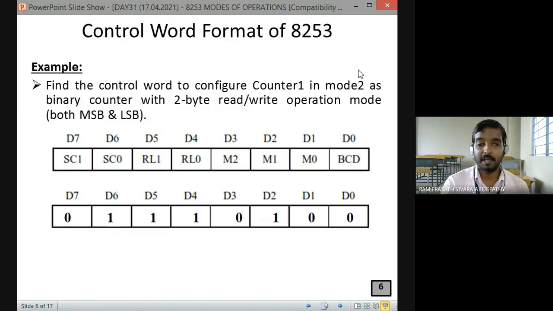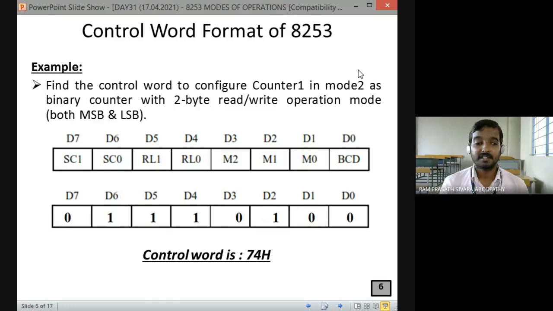Here we have the binary pattern. What will the value be in hexadecimal? Yes, 74H. Very good, the control word is 74H. At which address should I write the control word? The address must be such that A1 and A0 are 11, that is 83H. There I have to write this control word.